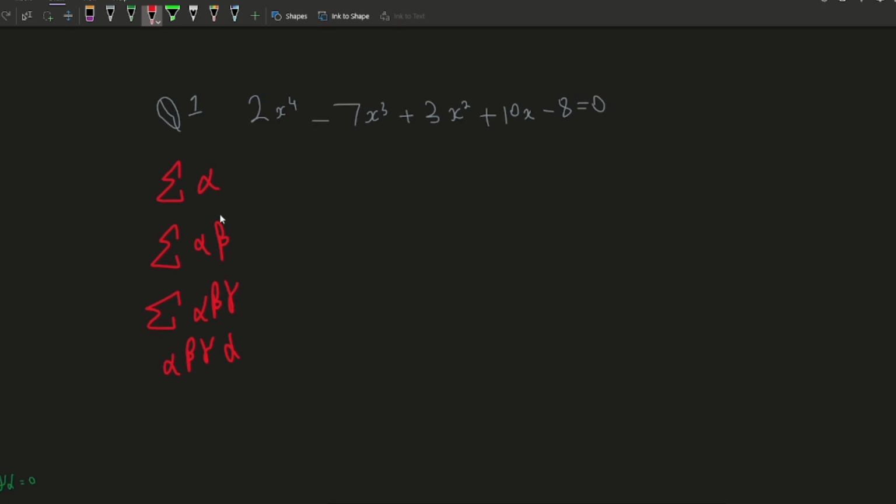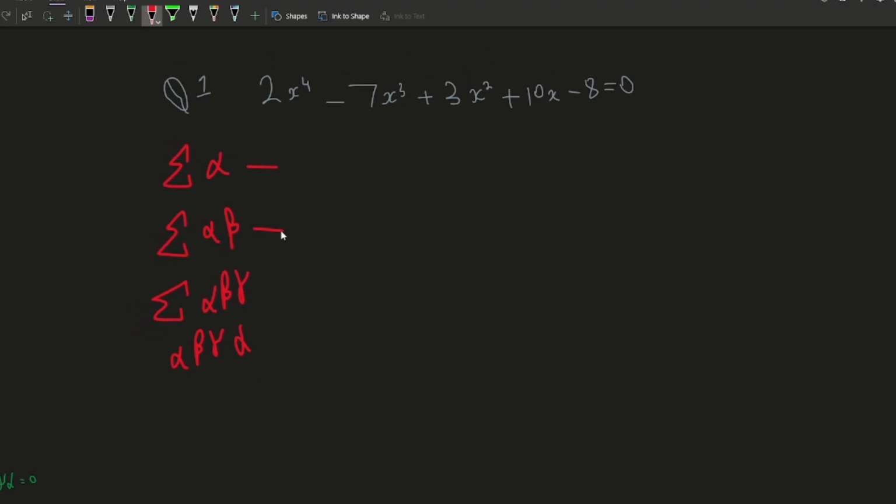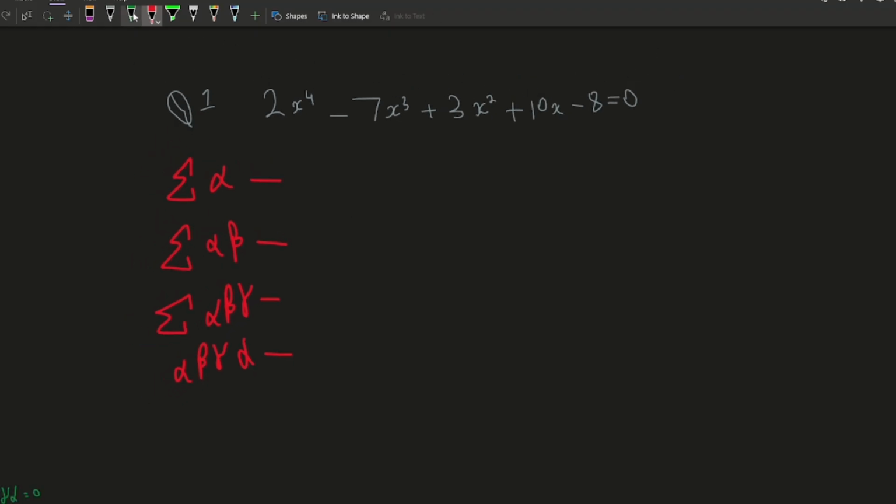If you guys forgot, this basically means the sum of roots, alpha plus beta plus gamma plus delta. This basically means the sum of pairwise products, so each of them will get multiplied by each other once. And similarly here, the triple product sum, whatever you want to call it, and this is the product of roots. So let's write the formula for each.